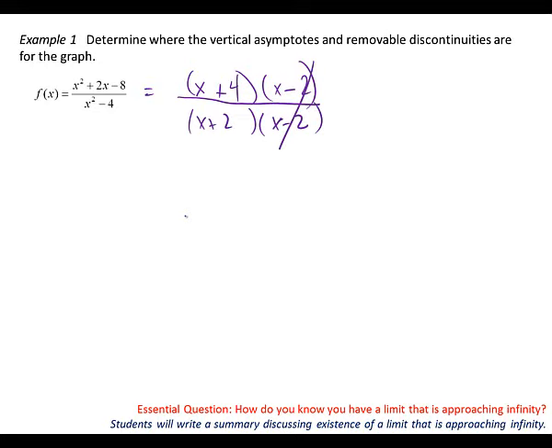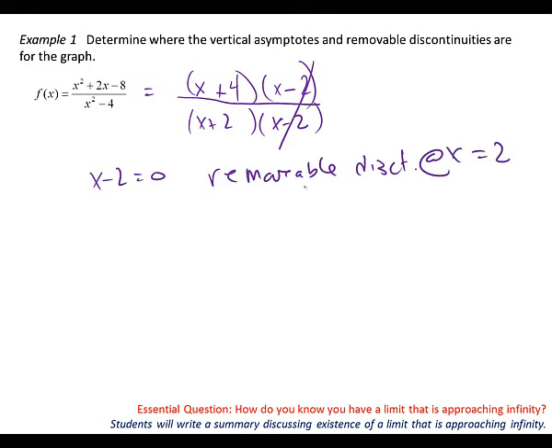Is that removable or non-removable? Removable. And remember, to get the value of the hole, we set it equal to 0. So where's my hole at? At 2. So we know that it's a removable discontinuity at x equals 2. And it's because it's a hole, because it canceled.